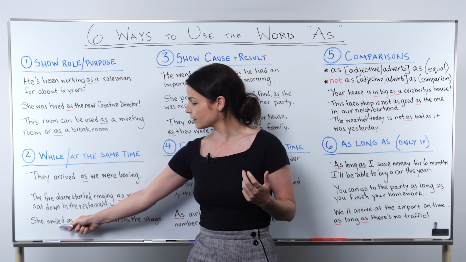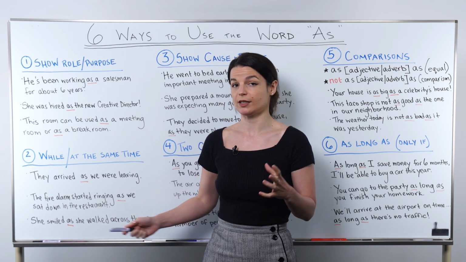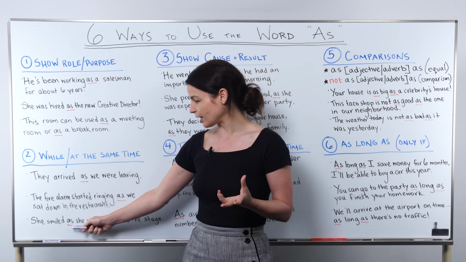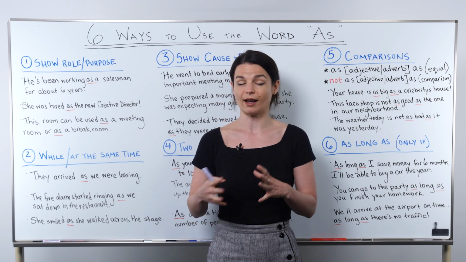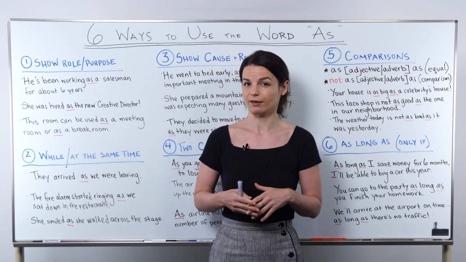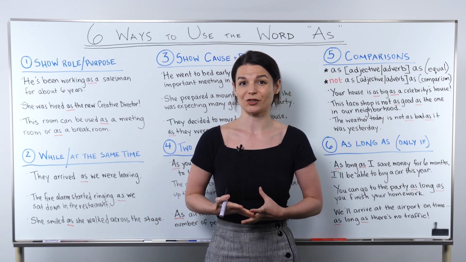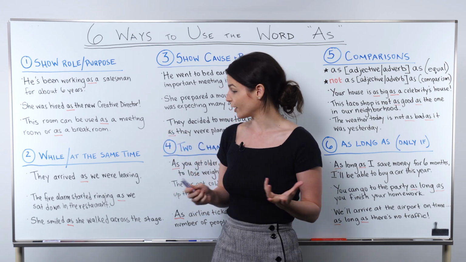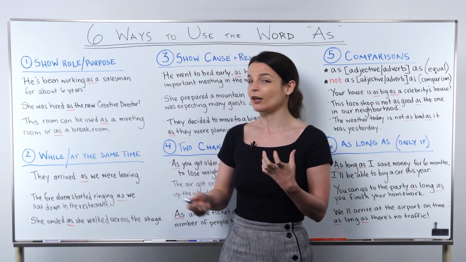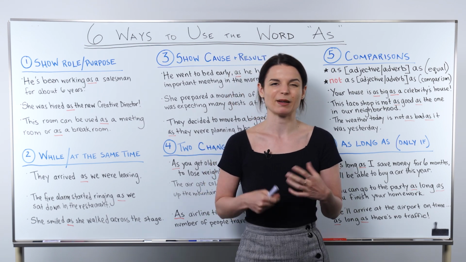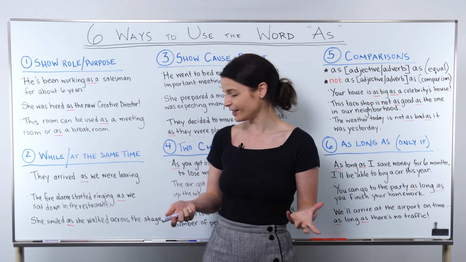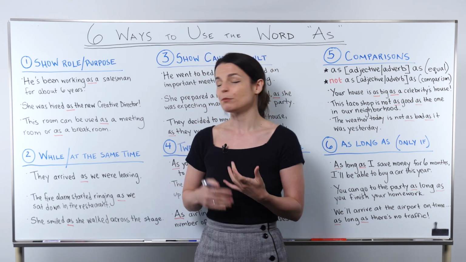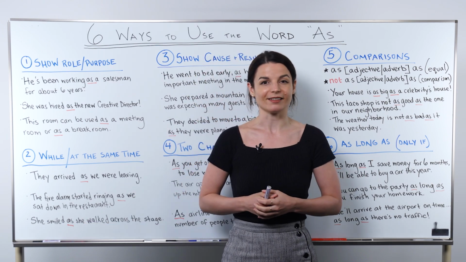That's because these parts match in terms of the grammar, in terms of the tense used. But personally, I would probably still use "as" in this case instead of "while," because "while" sounds a little more natural if we use it with the continuous or progressive form. So for example, "she was smiling while she was walking across the stage" might sound a little bit more natural. But in this case, I would use "as" to mean these two things happened at the same time.